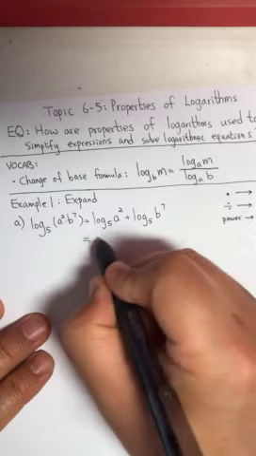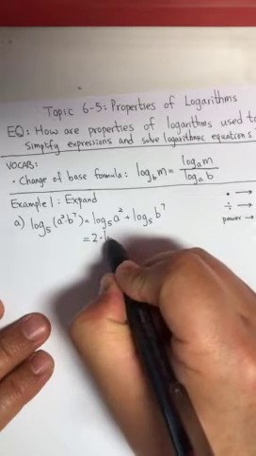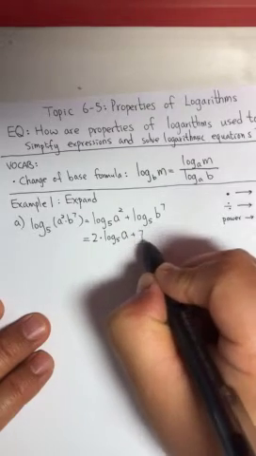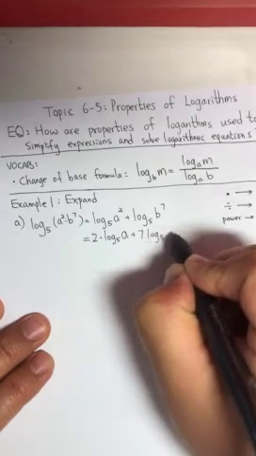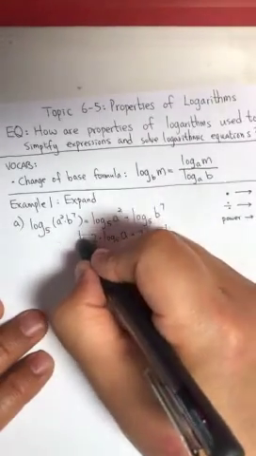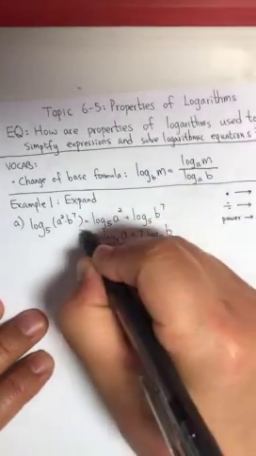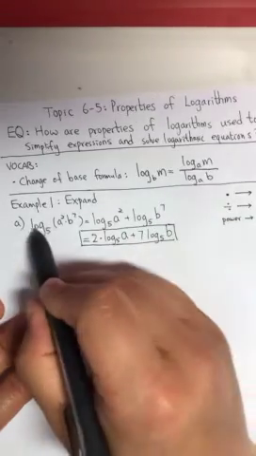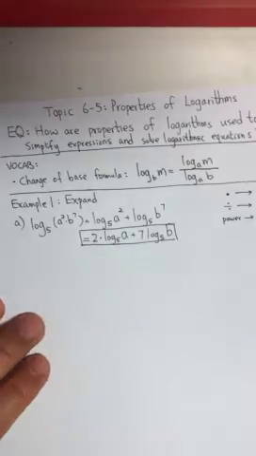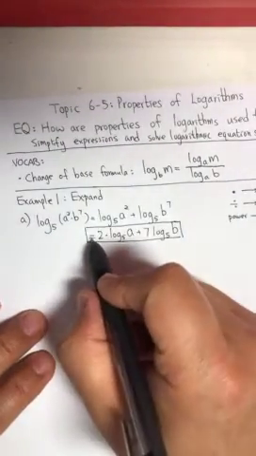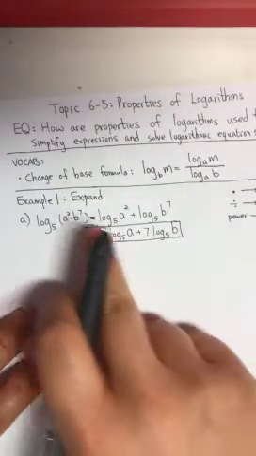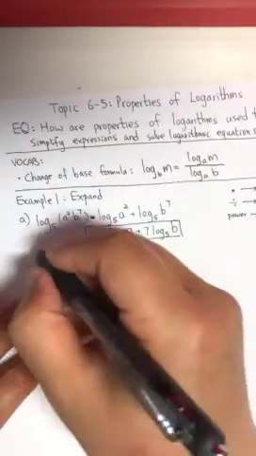Power becomes multiplication. So this is a two-step process here. So our final answer, instead of the single term, we expand it into a two-term representation. And when we use the equal sign, it means exactly the same. So this one is exactly the same as the given expression there.